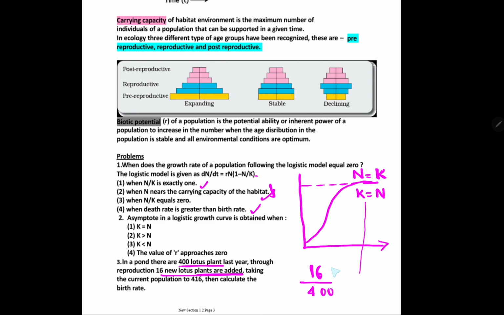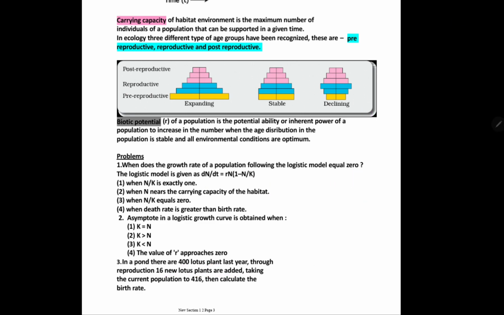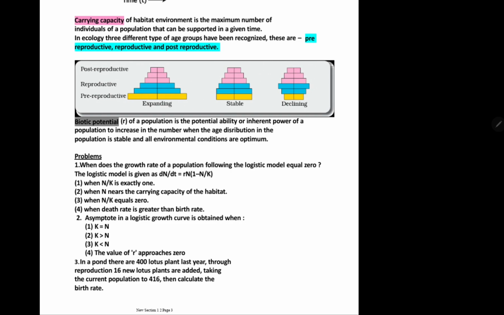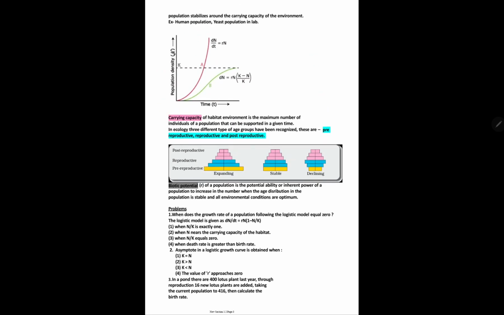So what will be the birth rate here? 0.04 is the answer. Per individual 0.04. So this is the birth rate. This is 0.04 offspring per year. Hope my points are clear to you.